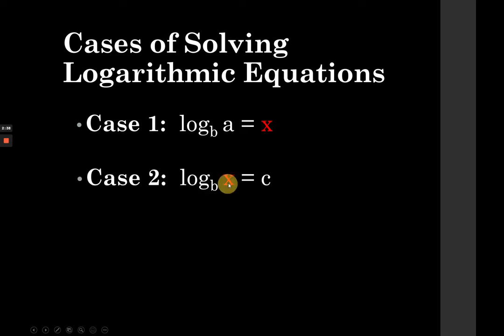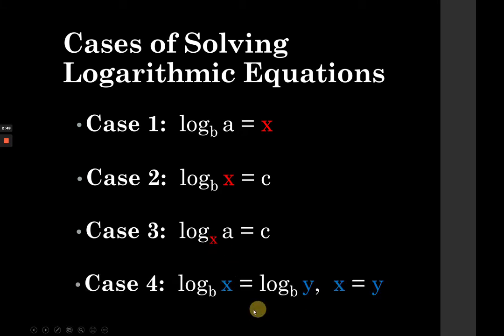Second case, the unknown is your argument. Case 3, the unknown is the base. You're going to look for the base value. The fourth case is the case that involves the one-to-one property. Given a logarithm of the same base on both sides, you just simply write argument x is equal to argument y to solve the equation.